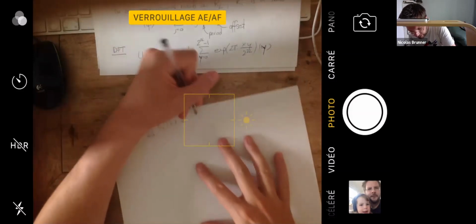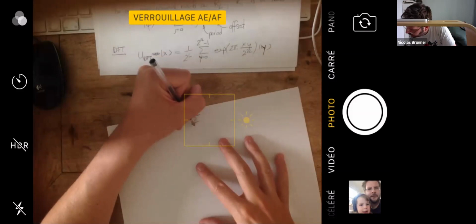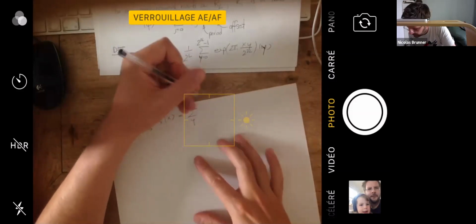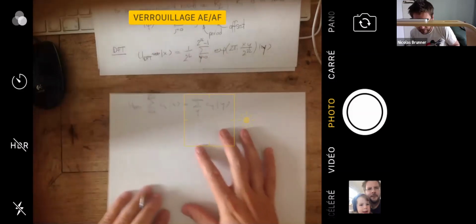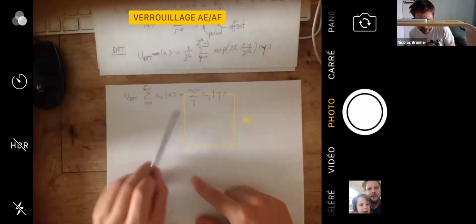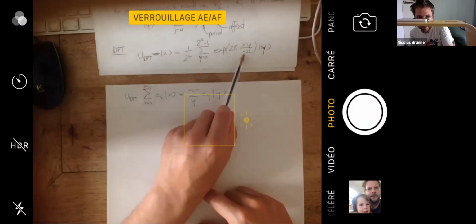This would become a sum over y of coefficients Cy, because on each x I will apply this.